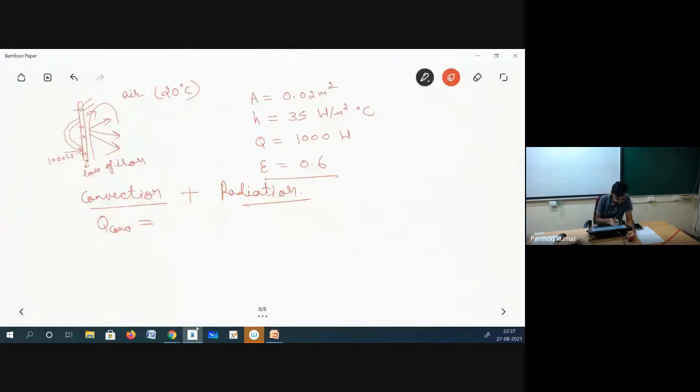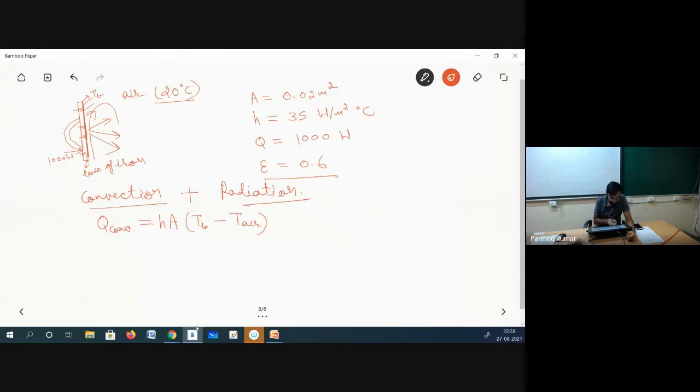Let us consider the base, which is exposed to surrounding air, to have temperature TB. The convective heat transfer is then h, the convective heat transfer coefficient, times A, the exposed area, times the temperature of the base minus the temperature of air, which is given in the question as 20 degrees Celsius. So this will be the convective rate of heat transfer.